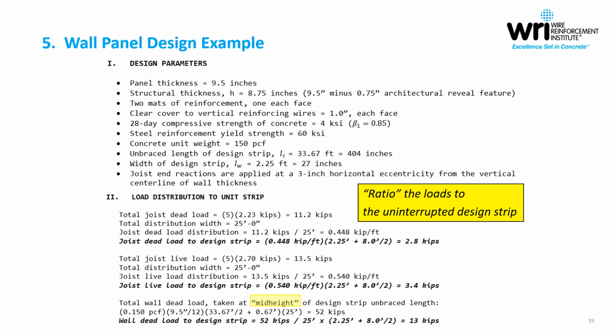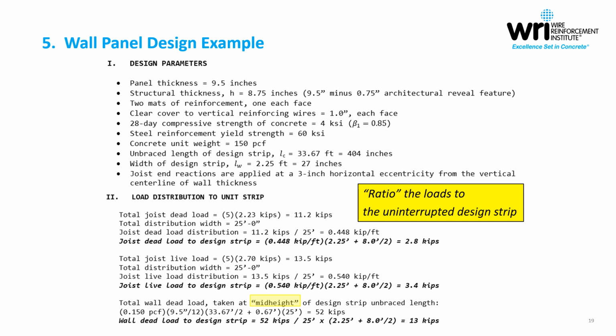So we get a unit load by taking 11.2 and dividing by 25, which gives us 0.448 kips per foot. And then we ratio this over to the design strip. We take that value and multiply it by the effective tributary width associated with that design strip. So we end up with 2.8 kips of dead load to that design strip.